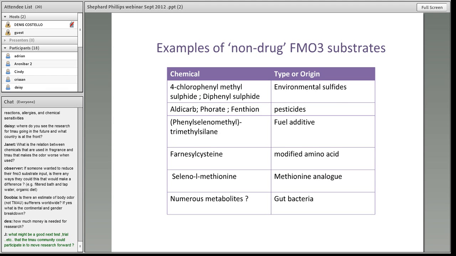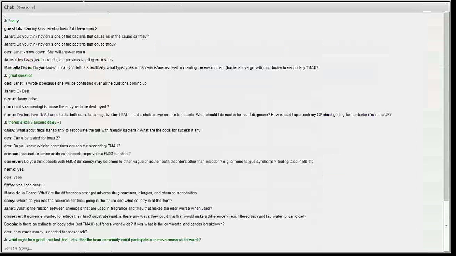But scientific research is incredibly expensive, and of course the economic situation of the world is not in the greatest shape. So it was much easier to get money to define that FMO3 and TMAU was a genetic disorder associated with FMO3, but to move on from there has proved a lot more difficult.